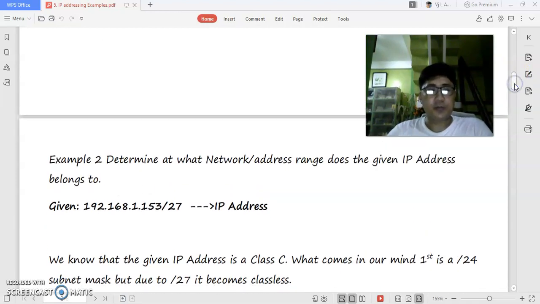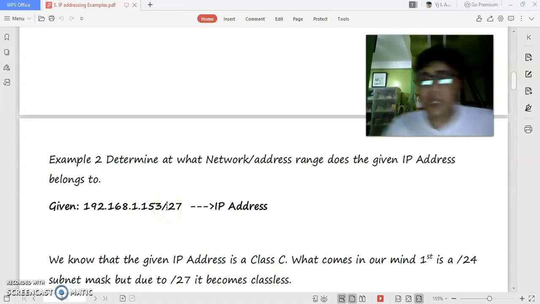Okay, so let's try another example. Here we are asked to determine what network or address range the given IP address belongs to. Meaning, this IP address has many networks, meaning many groups. This is still class C. It is a class C IP address, but you could see /27 later on, and I'll discuss it.